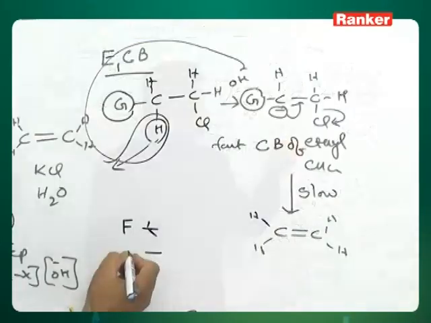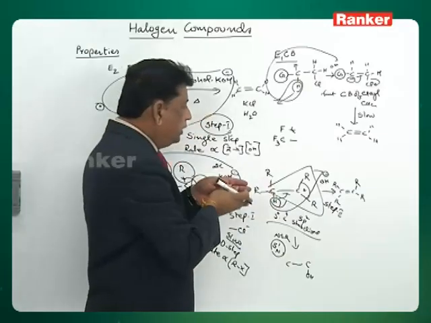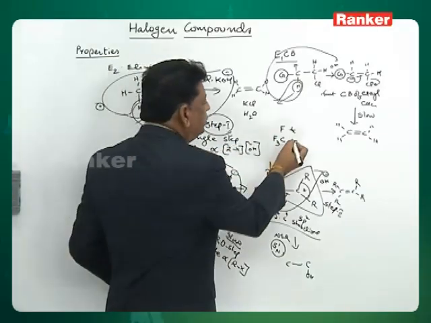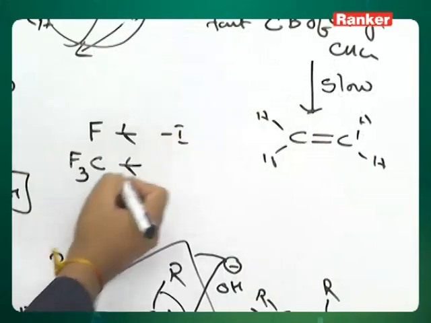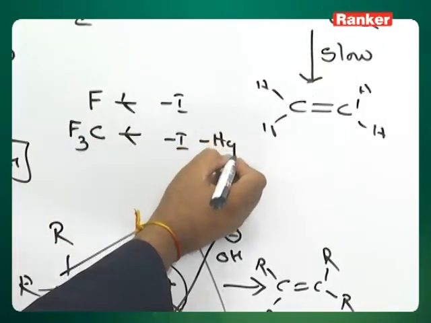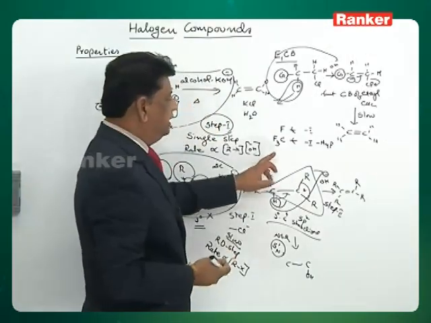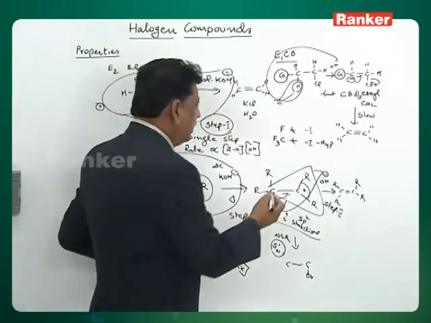Another best group is CF3, where the fluorines are not directly attached to the carbon. This shows a strong minus I effect, as well as minus hyperconjugation. Whenever CF3 is there, it shows minus hyperconjugation and stabilizes the carbanion.